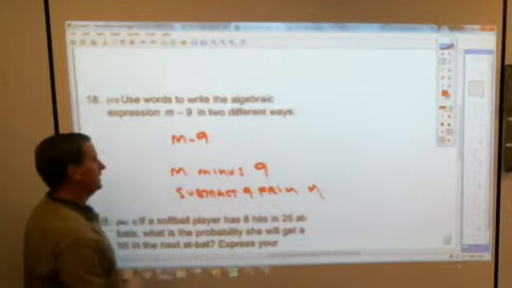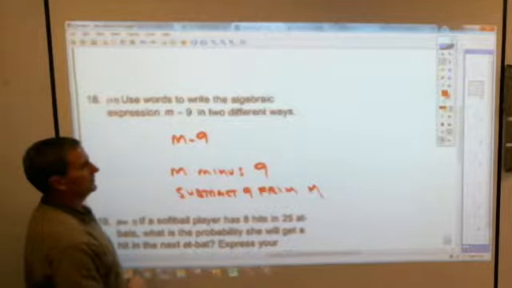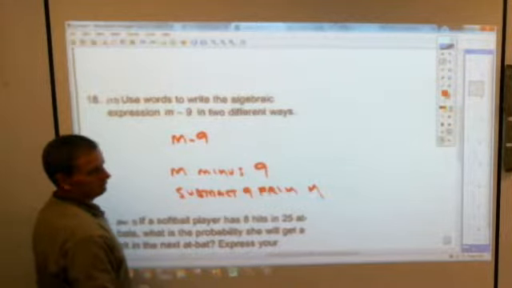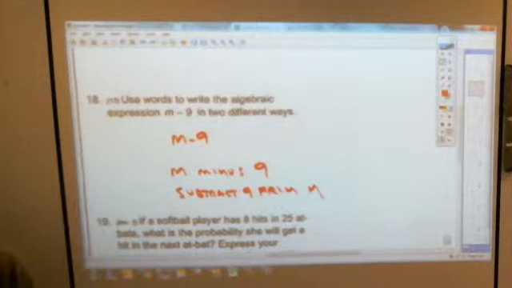Or you could say, the difference of m and 9. What else did I say? 9 less than m. Really, I wouldn't worry about that because you'd be able to justify just about anything, unless you put them in the wrong order.